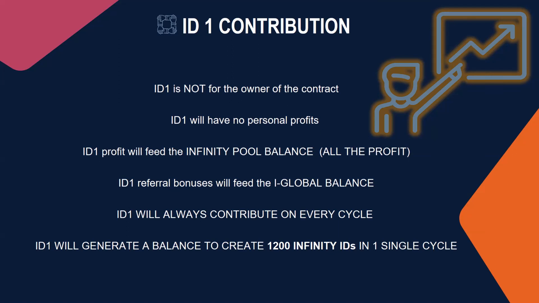So basically what the ID has as earnings, leveling up and referrals, are spread in two balances: one is iGlobal and the other is the Infinity Pool balance. So ID1 is left with 0 Tron for himself. ID1 will always contribute on every cycle, so it's not limited to one cycle only. ID1 will generate a balance to create 1,200 Infinity IDs in one single cycle, guys.